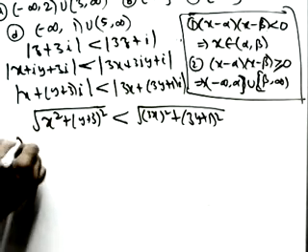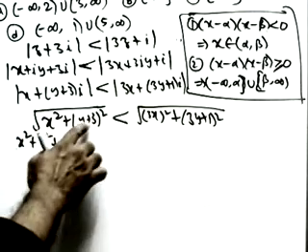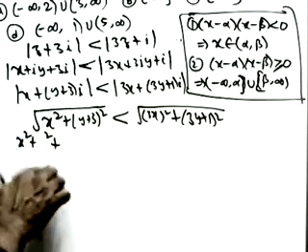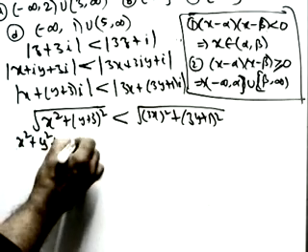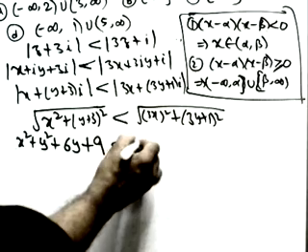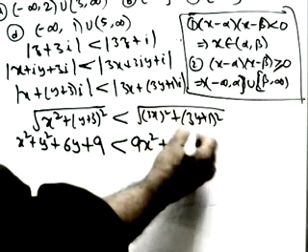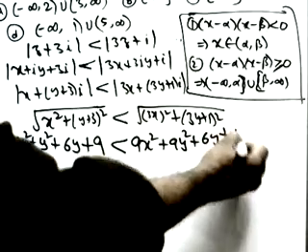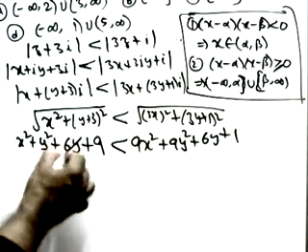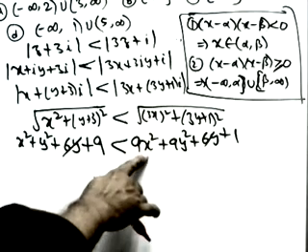What is left here? You expand: this is x square plus (y plus 3) whole square. (a plus b) whole square is a square, so y square plus 2ab, 2 times 3 is 6y, plus 3 square is 9, less than 3 square, 9x square. Now expand this one: 9y square plus 2 times 3 is 6y plus 1. So see here, 6y will get cancelled.